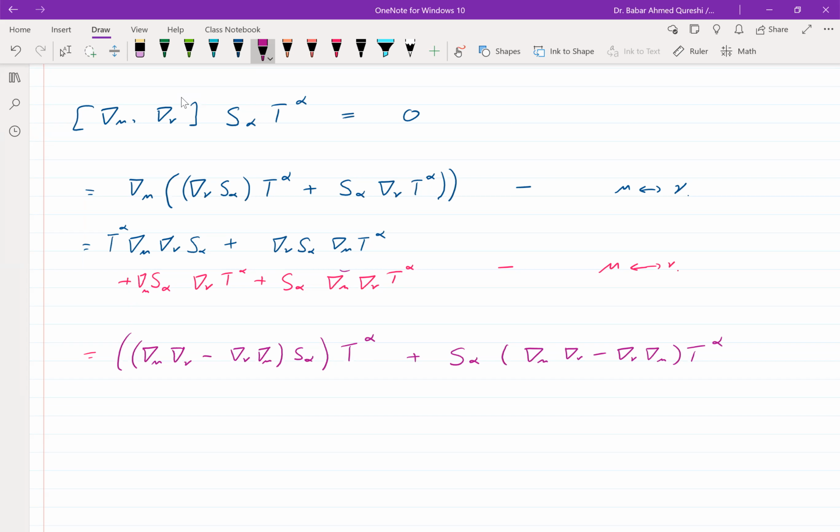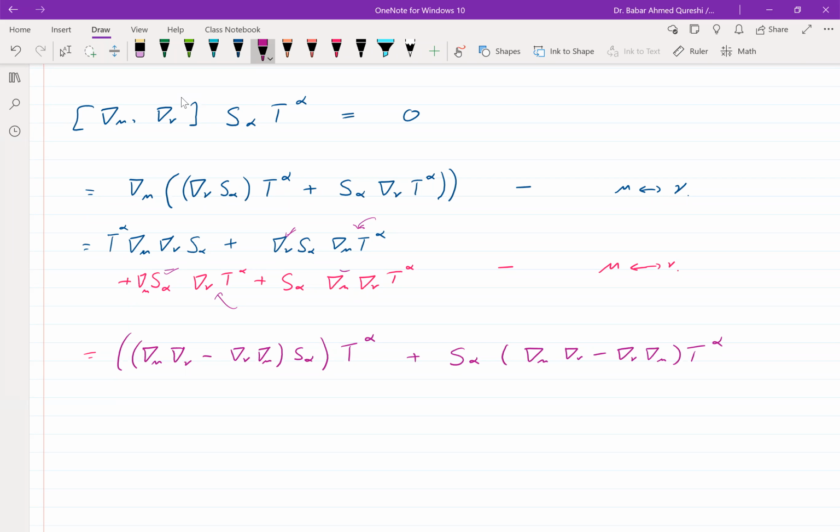Then minus, when I replace this nu by mu, this term will cancel with this term in the subtracted version. Similarly, this term will cancel with this term coming from the reversed mu nu, the term you get by reversing mu and nu, but with a minus sign.